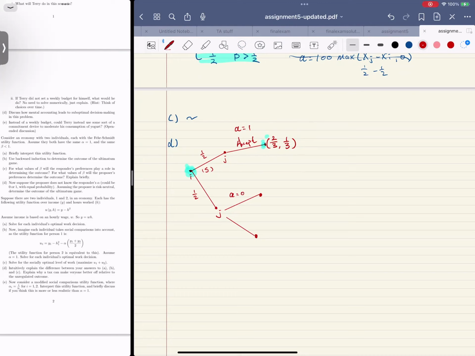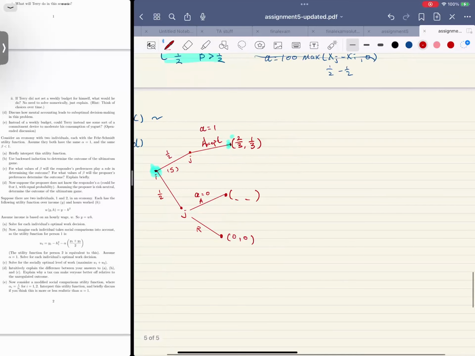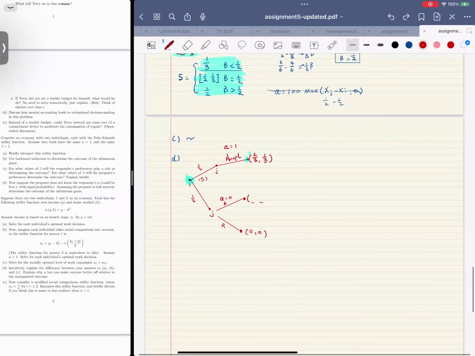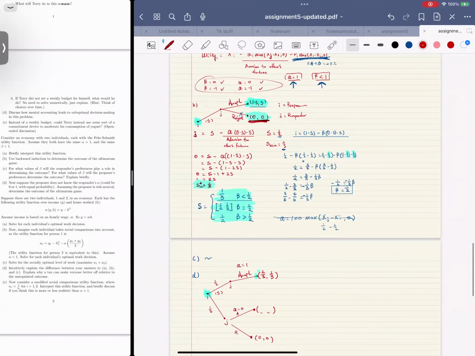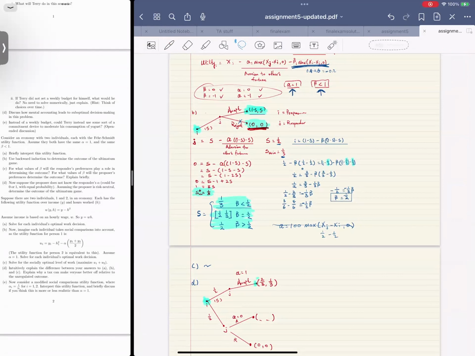All right, so you have the two options of accept or reject. If you reject, it's 0, 0. If you accept, what's the value for accept if your alpha is 0? Let's go back again and use the responder's utility function right here.